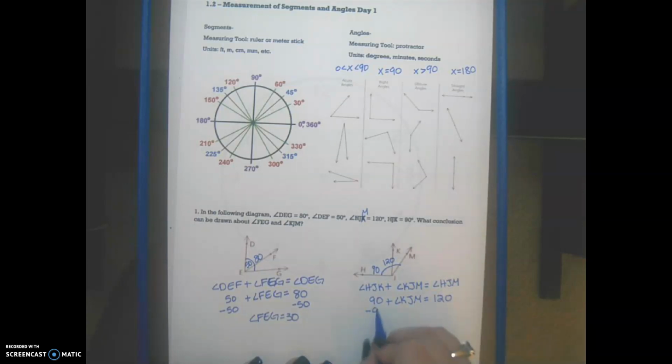So again, I can solve by subtracting from both sides, and I get that KJM is equal to 30 degrees. So angle FEG and angle KJM are both equal to 30 degrees. So therefore, they are congruent angles because they have the same measure.